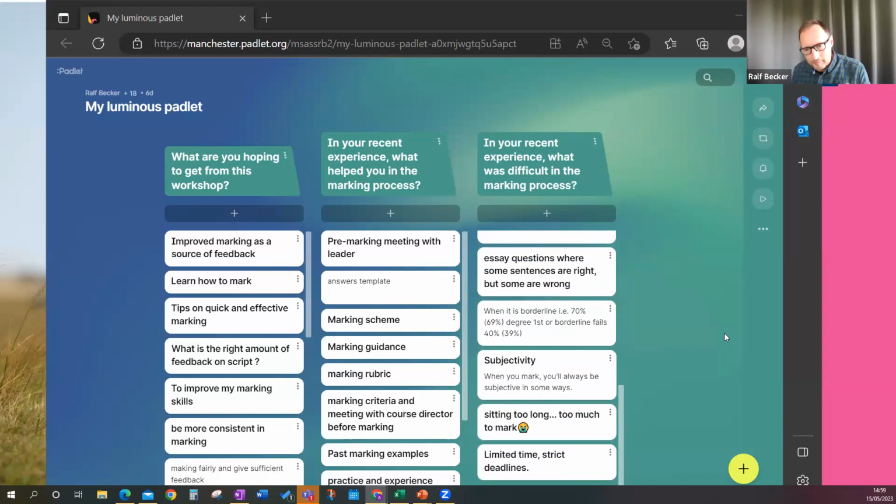Okay, and that may indeed lead to, there was another comment on borderline marks. So if you mark a bigger piece, and that will determine whether someone will get a first or not in their course unit, what I always remember for myself is, okay, look, I don't know for sure what the right mark is here.